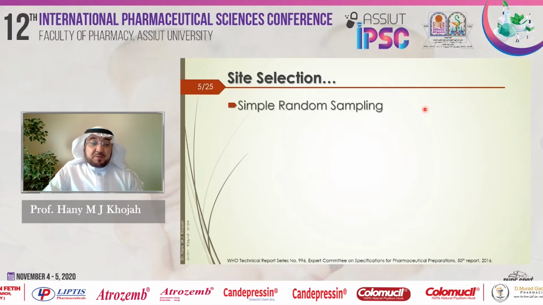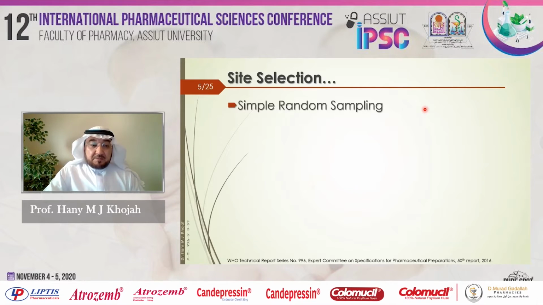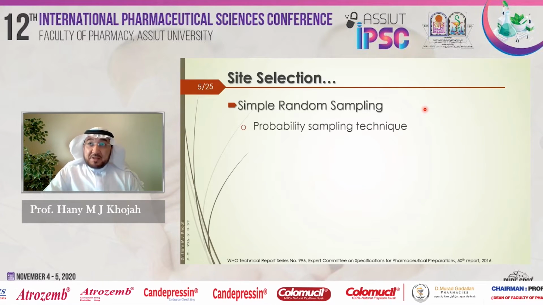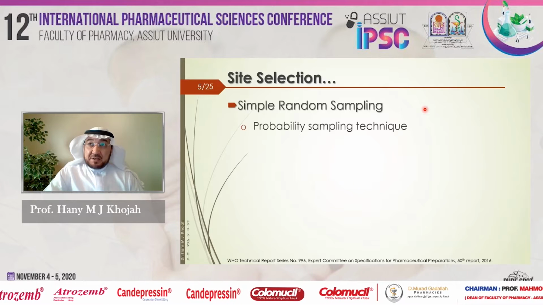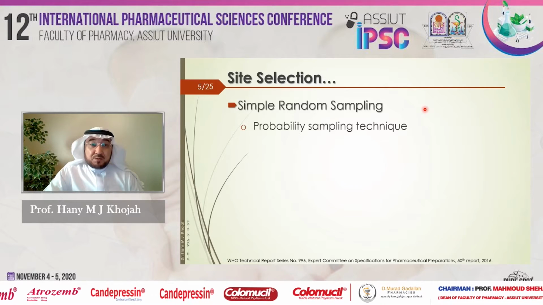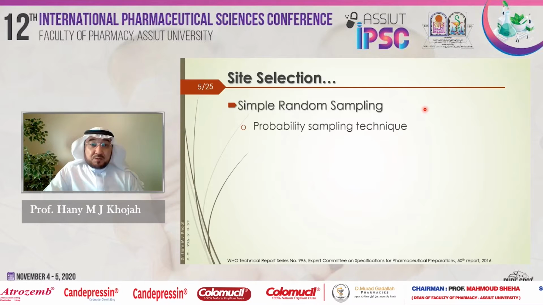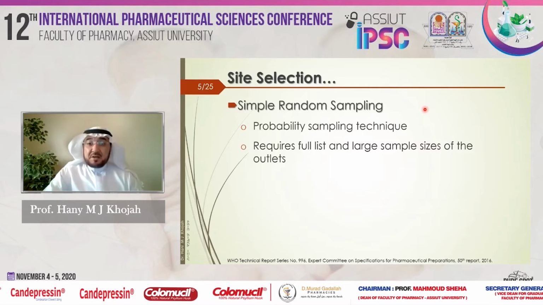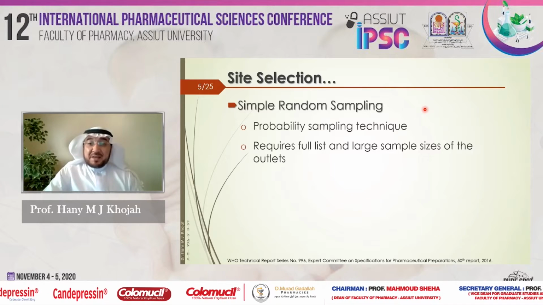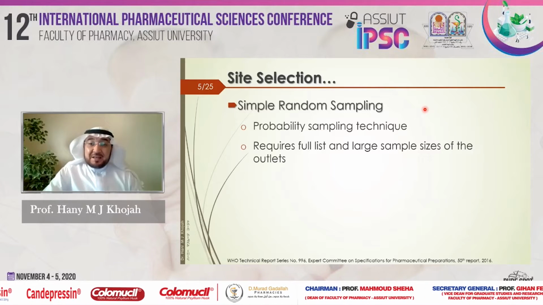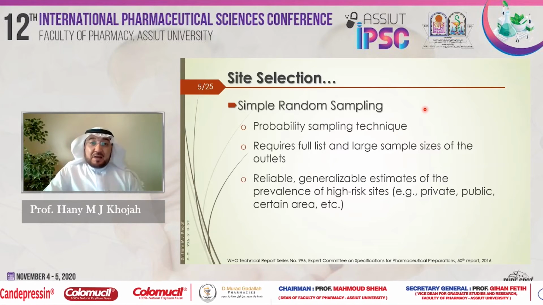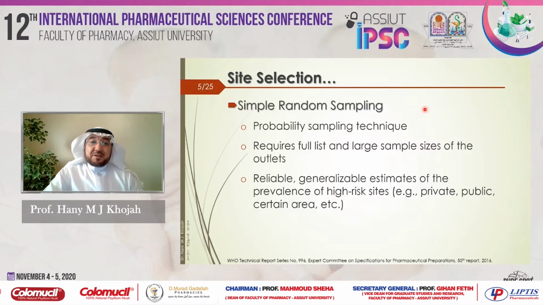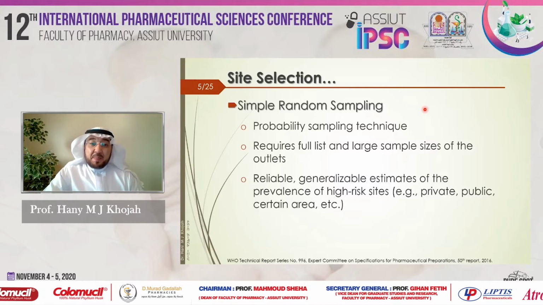The second method, which is the very famous one, the simple random sampling, it is a probability sampling technique. It is a true random sampling method, but here we need the full list of pharmacies, and it requires actually a larger sample size of the outlet. Some troubles when deciding the sample size.